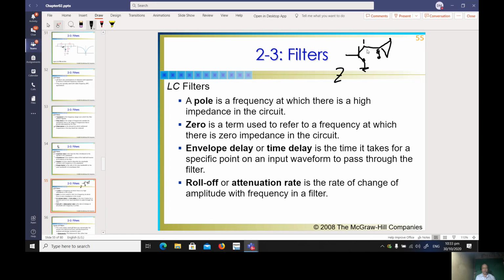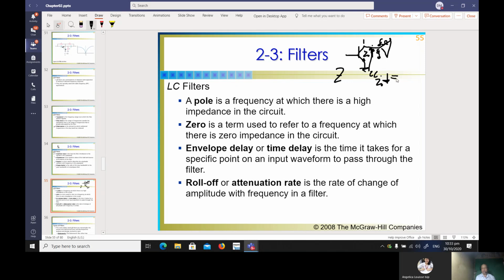Kasi ang output impedance ng transistor ay medyo mataas compared to the 8 ohms of your speaker. Kaya minsan, in between them, nilalagyan siya ng common collector, kasi yung output impedance ng common collector is very low.